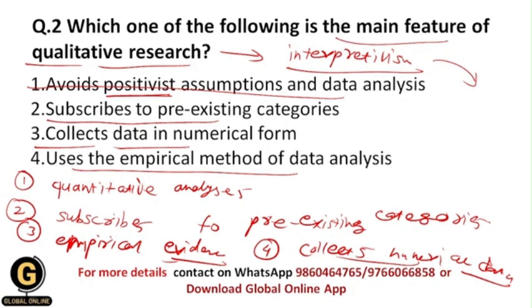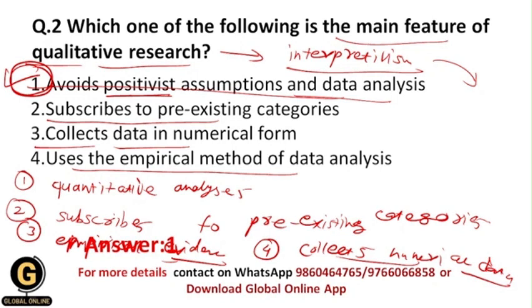And that's why the main feature of qualitative research is that it avoids positivist assumptions and data analysis, and it is based upon interpretivism. And that's why the correct answer over here is 1, because avoiding positivist assumptions and data analysis is one of the main features of qualitative research.